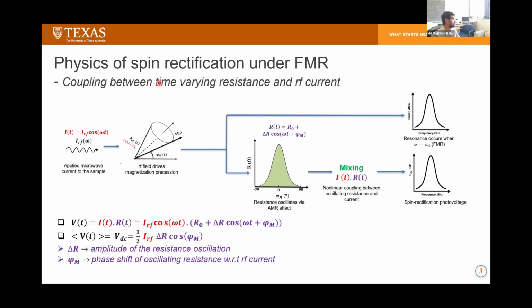So this represents the fundamental mechanism of spin rectification under ferromagnetic resonance. At first, when we apply a microwave current to the ferromagnetic sample, it generates an RF magnetic field, which drives the magnetization into precession. At this point, two important things happen simultaneously.